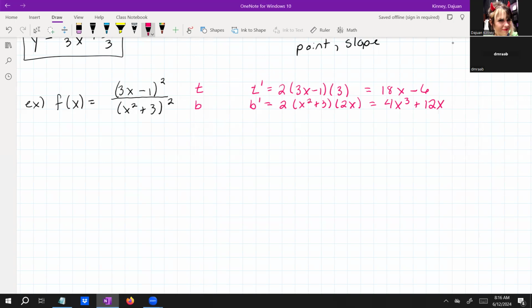Remember, our quotient rule is derivative of the top times the bottom minus the top times the derivative of the bottom, all over bottom squared. I know I used f and g in the last video, but tops and bottoms helps too. Keeps track of which one's which. It's a little more descriptive. All right, I'm going to plug it in.